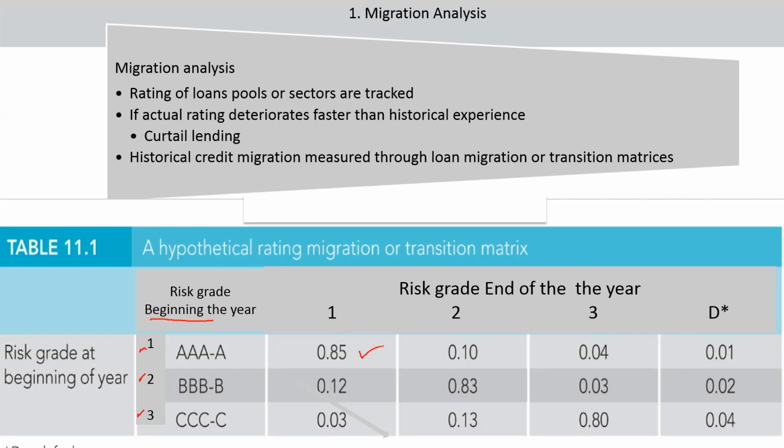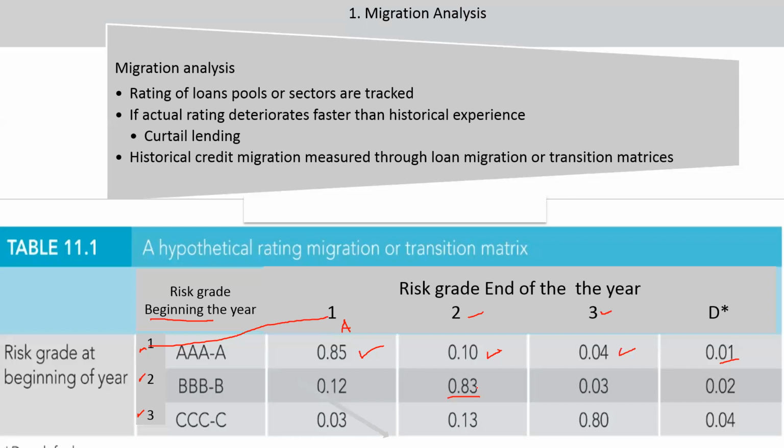For AAA, 85% is still AAA. 10% go to BBB, 0.4% go to CCC, and 1% went to default. This is the migration that happens. The same thing happened to B. Here 1 is AAA, 2 is BBB, and 3 is CCC.